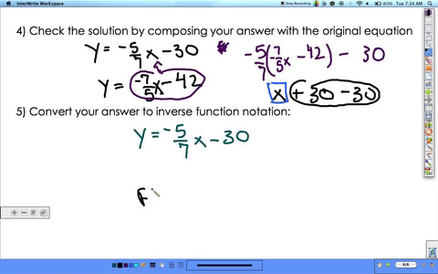Function notation would be f of x, but I know that this is the inverse of the function I defined as f, so I'm going to call it f inverse of x equals negative 5 over 7x minus 30.